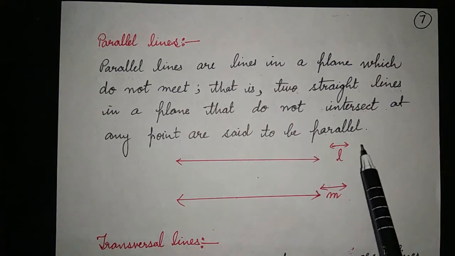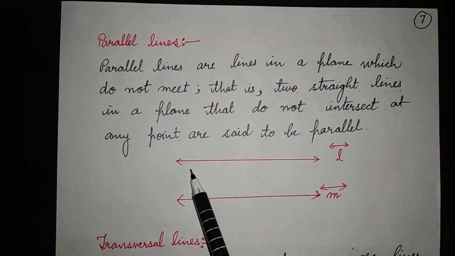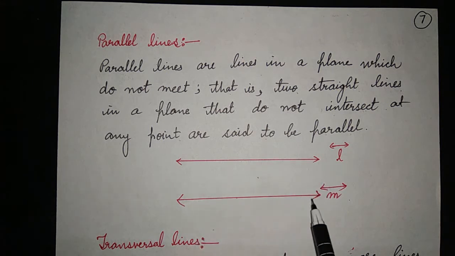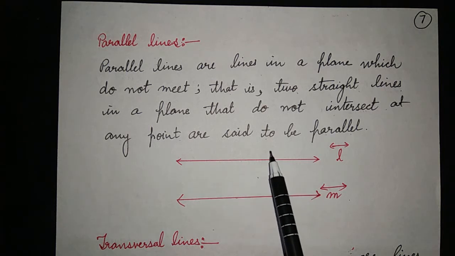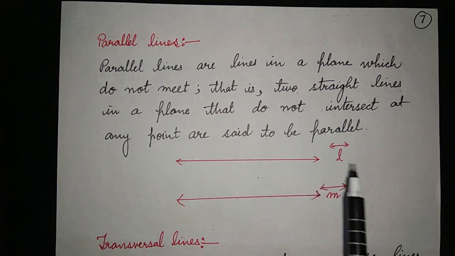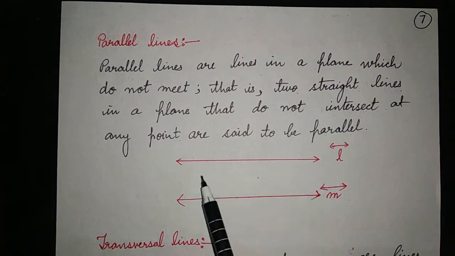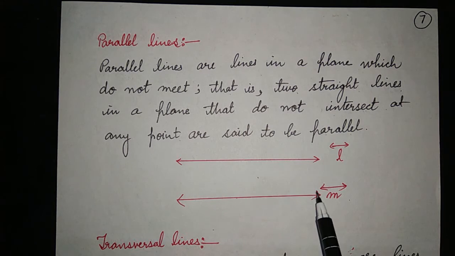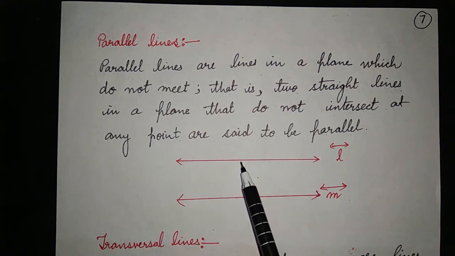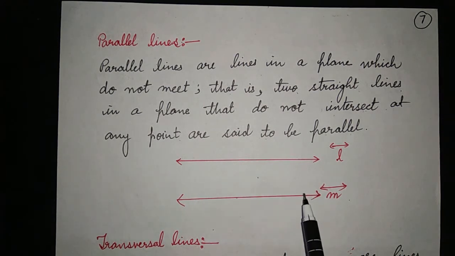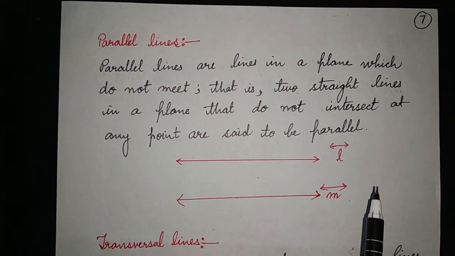Here on this plane you can see two parallel lines, line L and line M, and you can see they are not intersecting or meeting at any point. So you can see that these two lines are parallel, and the distance between line L and M at every point is the same.